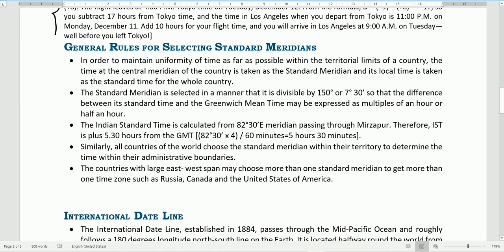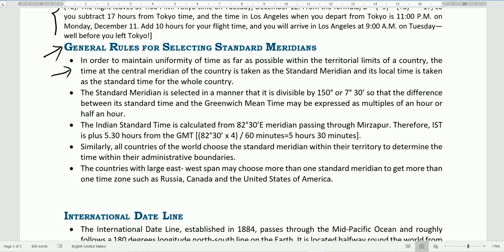Next we have general rules for selecting standard meridians. Let us read. In order to maintain uniformity of time as far as possible within the territorial limits of a country, the time at the central meridian of a country is taken as a standard meridian, and its local time is taken as the standard time for the whole country.